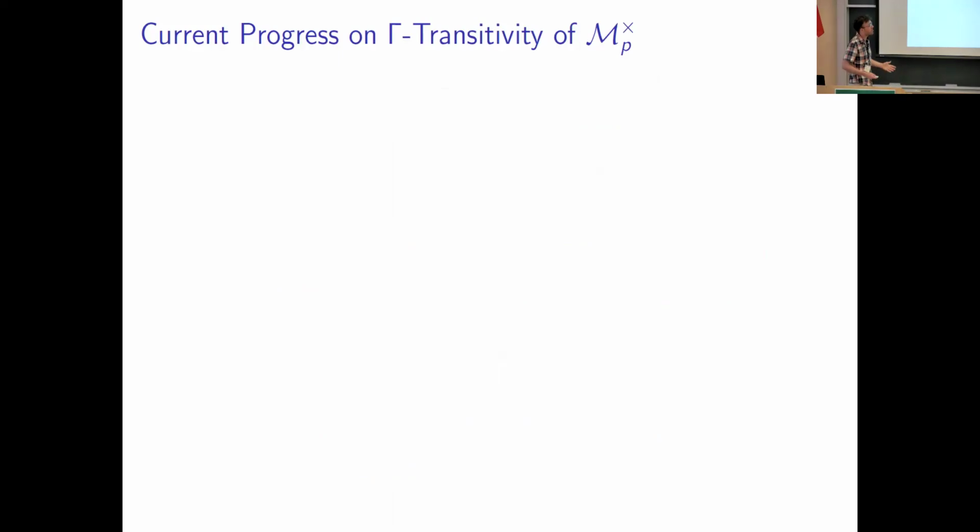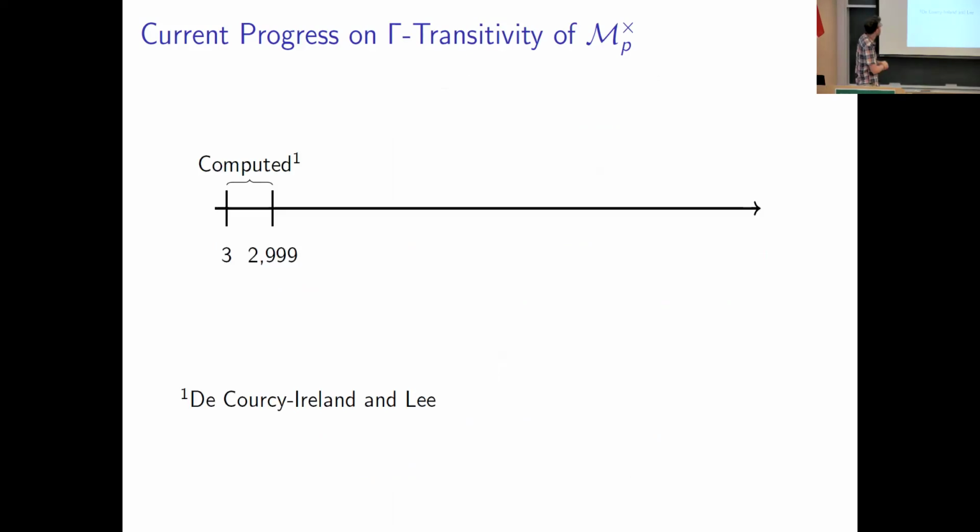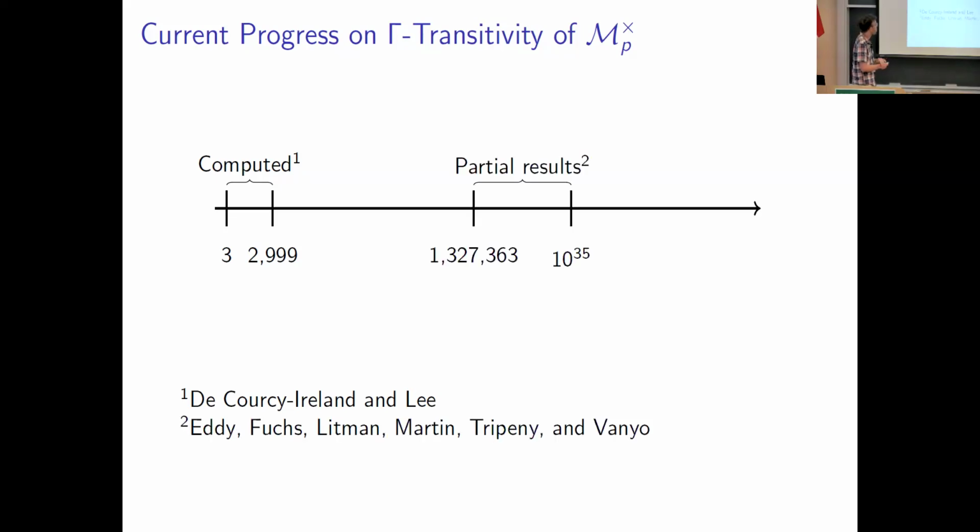So the current progress on deciding the connectivity of this graph modulo p: De Courcy, Ireland, and Lee were studying spectral properties of these graphs, and along the way, they computed up to 3,000 that the graph was connected. We have some partial results from my advisor, Elena Fuchs.